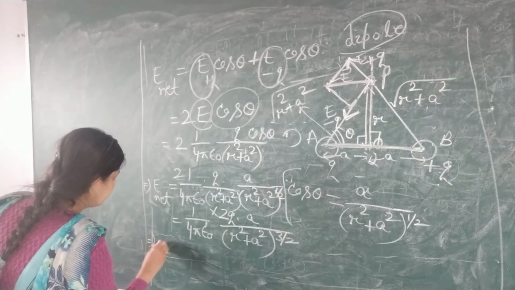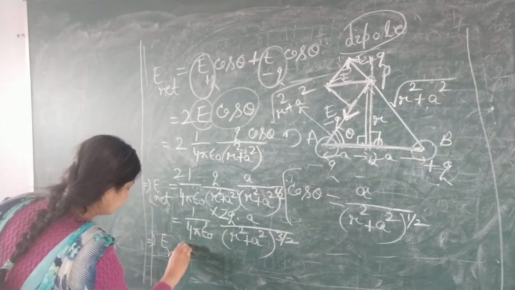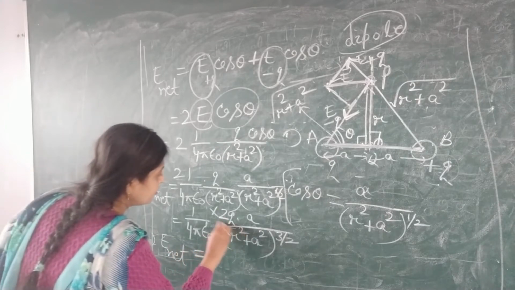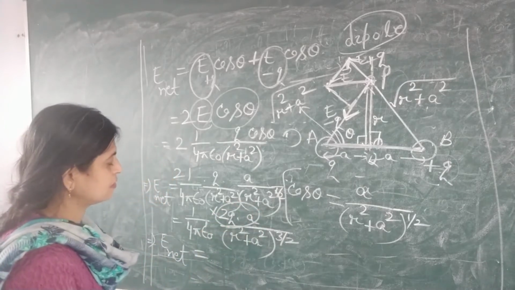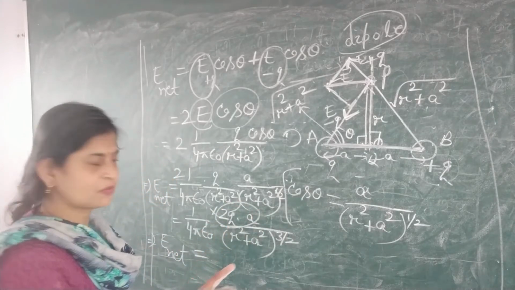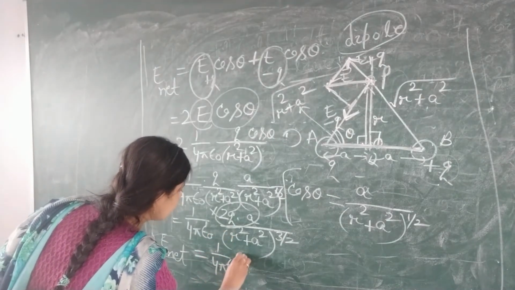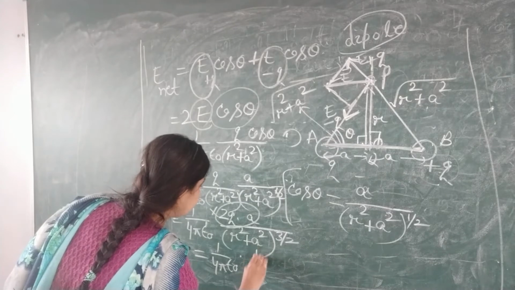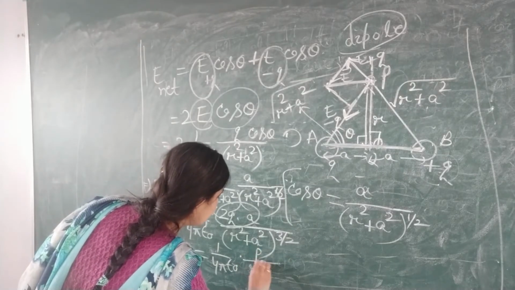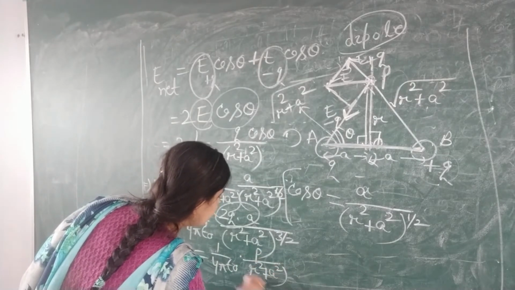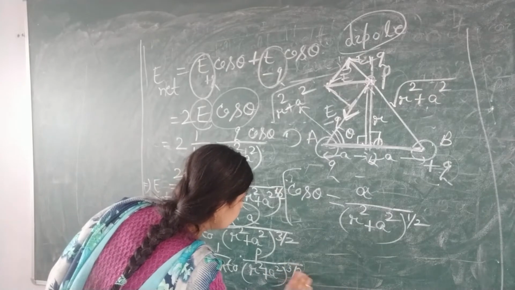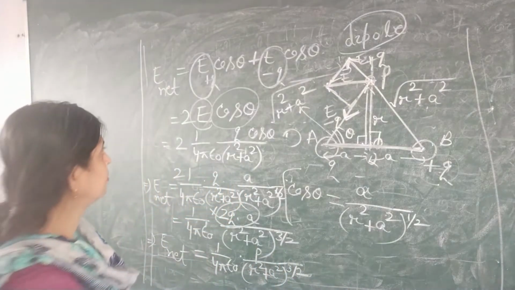So we can write q into 2a, which is your p, the dipole moment. So that is 1 by 4 pi epsilon naught p divided by r square plus a square power 3 by 2.